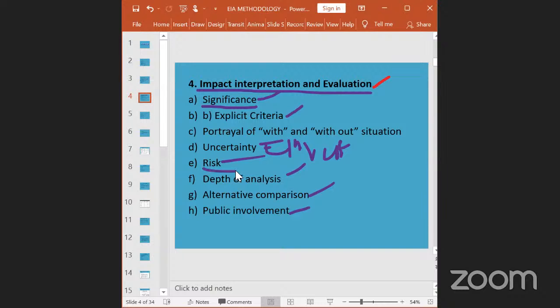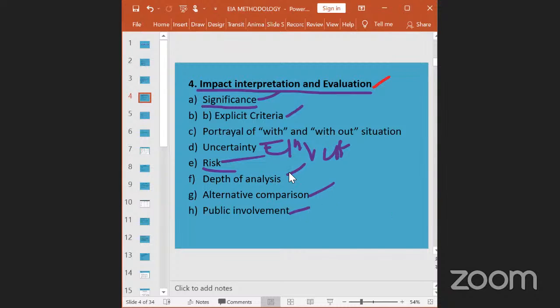The next, risk. It should identify impacts that have low probability of occurrence but high potential for damage and loss. So this is the risk methodology. And also depth of analysis.